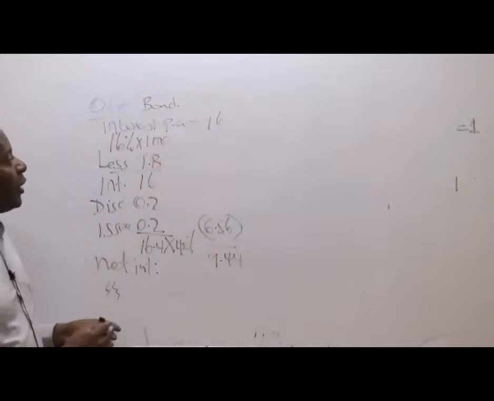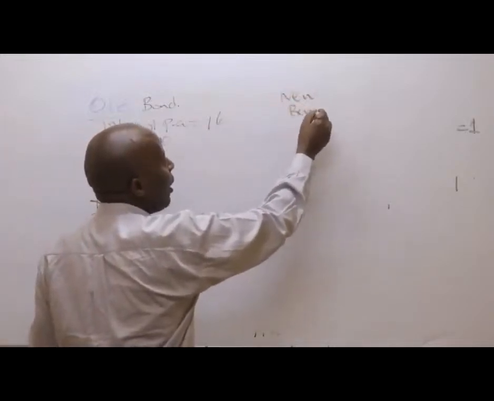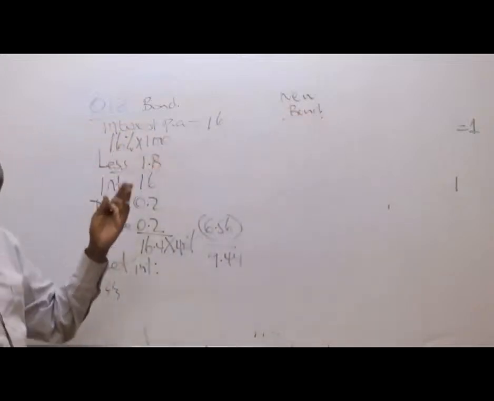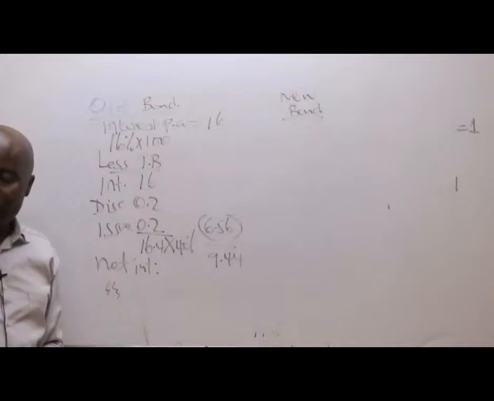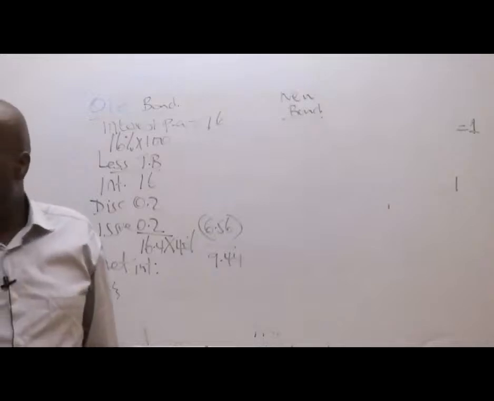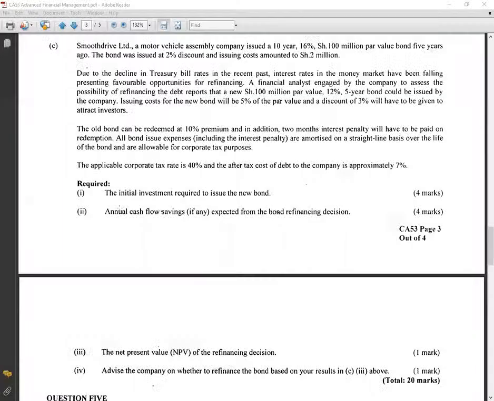Now, once you get that, give us the new bond. Start with the interest per annum of the new bond. Already we have our new bond percentage, which is given here.